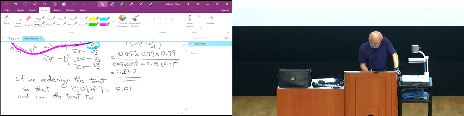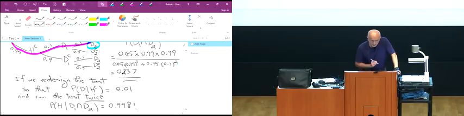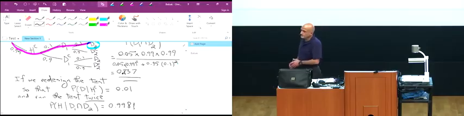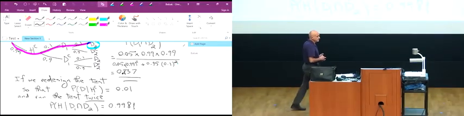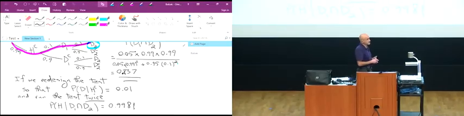Run the test twice, then the probability of the person being infected given D1 and D2 jumps to a whopping 99.8%. That's pretty good.